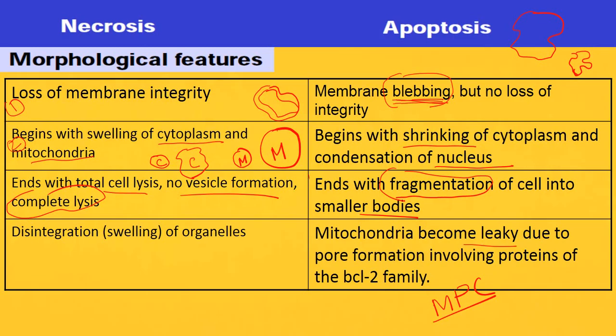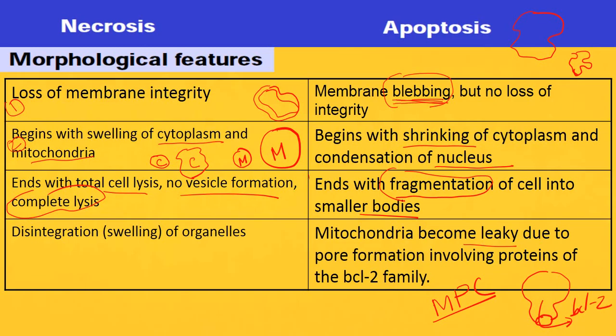Once the mitochondria becomes leaky, there will be pore formation. I will draw it. This is the mitochondria. Once it becomes leaky, this type of pore is formed, and the pore formation involves proteins such as those of the BCL2 family. So these are the morphological features.